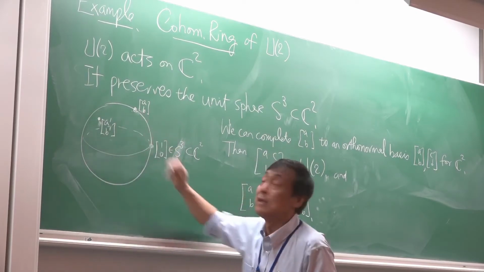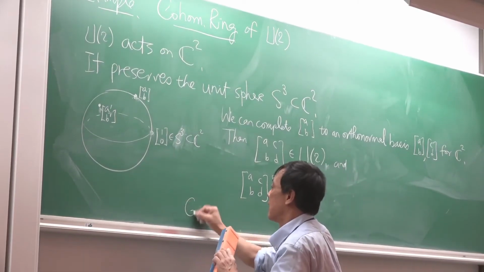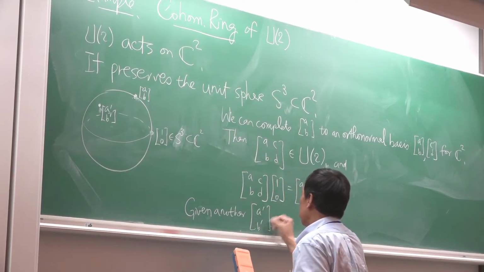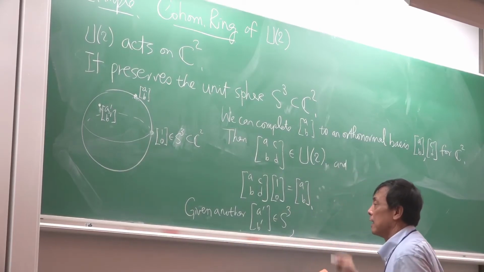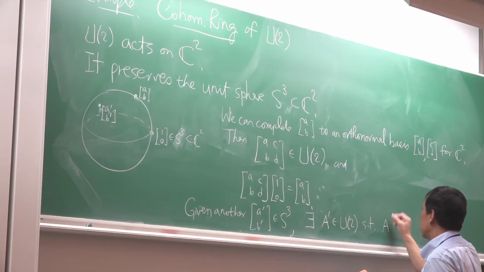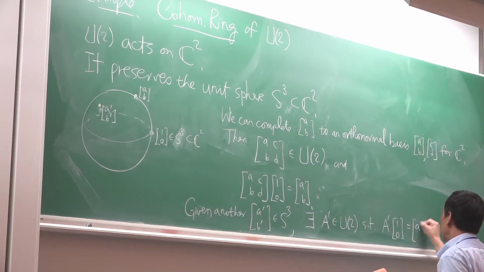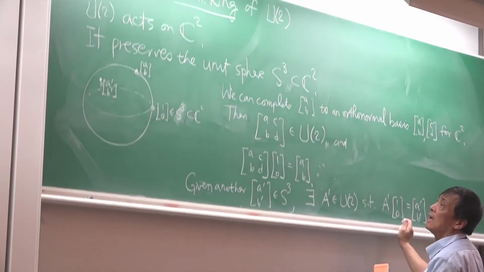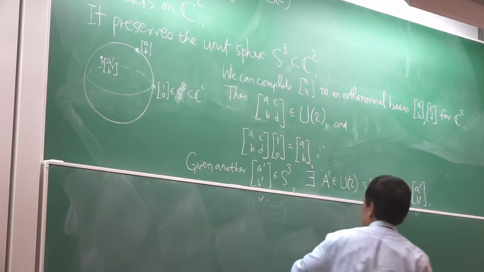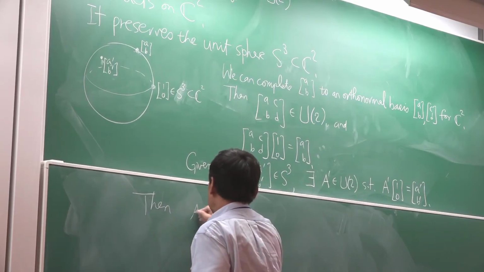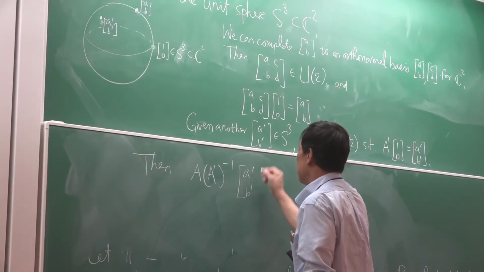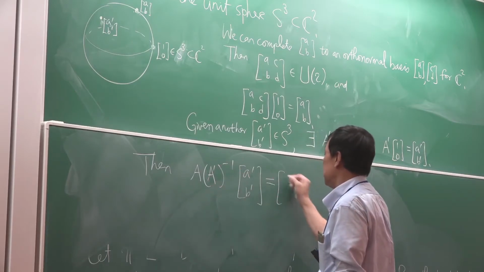So given another point (a', b') in S3, there exists A', a unitary matrix, such that A' takes (1, 0) to (a', b'). Then A' inverse will take (a', b') to (1, 0) and then to (a, b).